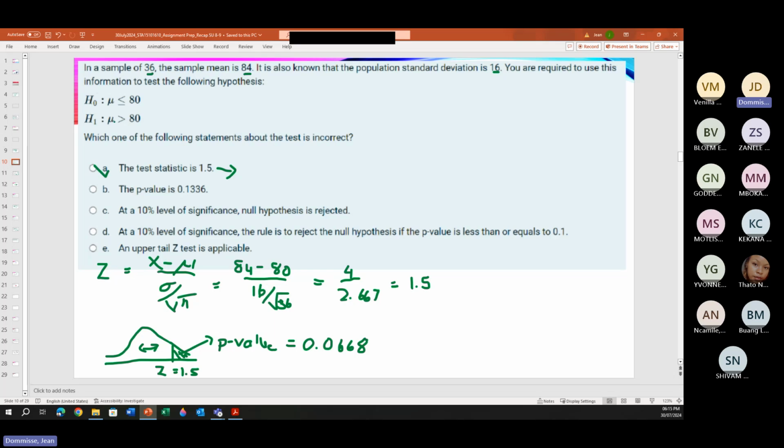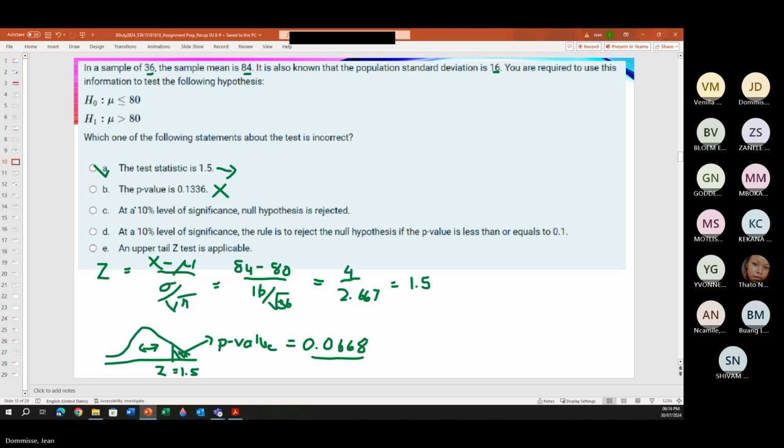Okay. They say that the p-value is 0,1336. Okay, wrong. It is 0,0668.